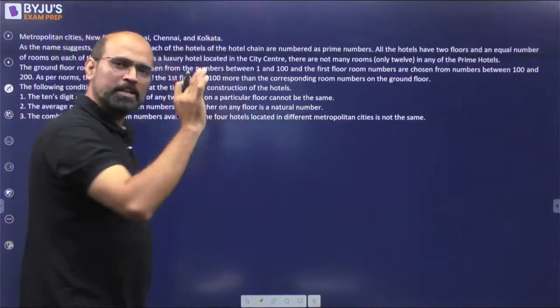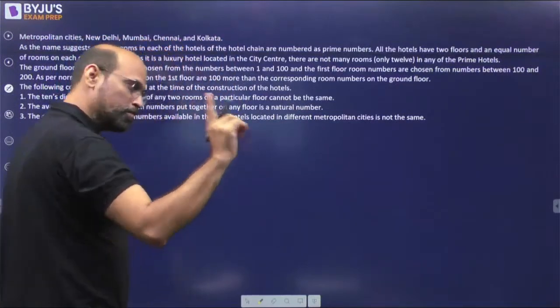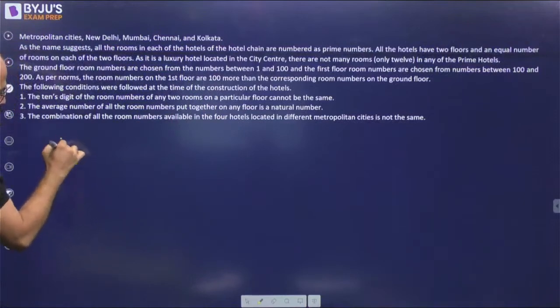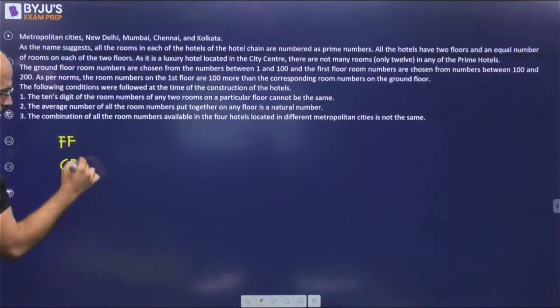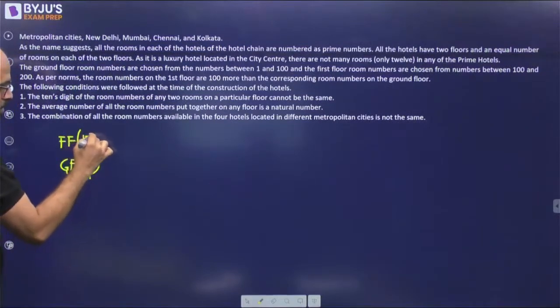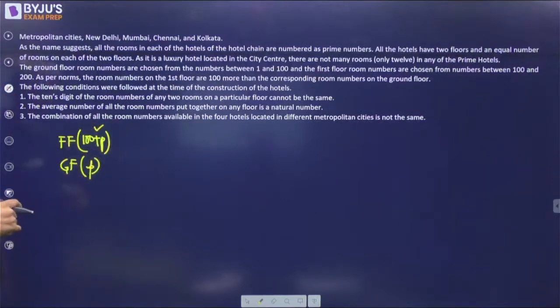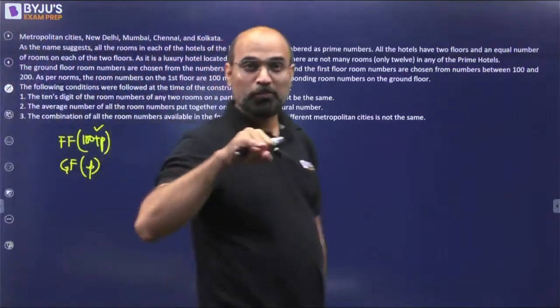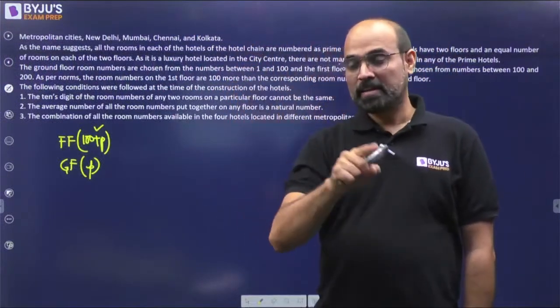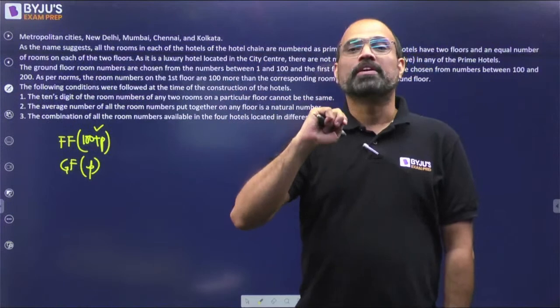So I don't know which particular city or location we are talking about, but if I talk about the ground floor and then the first floor, the ground floor is going to be a prime number and the first floor is going to be 100 more than that prime number, and this one should also be a prime number, which means the ground floor numbers are prime numbers and the ones above are also prime numbers, and the difference between them is 100.